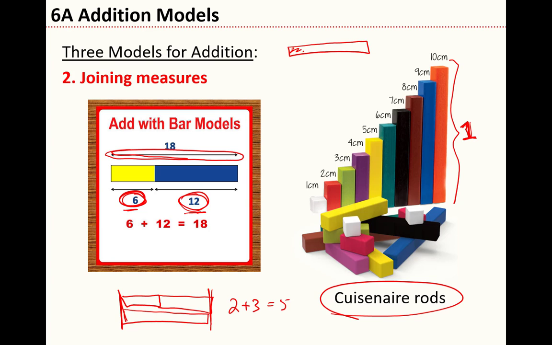I take that red rod of length 10 and I take, well, maybe it's an orange rod of length 2, put it together, and I have a length representation of 1.2. So in this way, the Cuisenaire rods help us abstract or generalize the idea of addition. In this way, maybe Cuisenaire rods are a little more powerful than simply joining groups. With joining measure, we have a new way of thinking about addition.